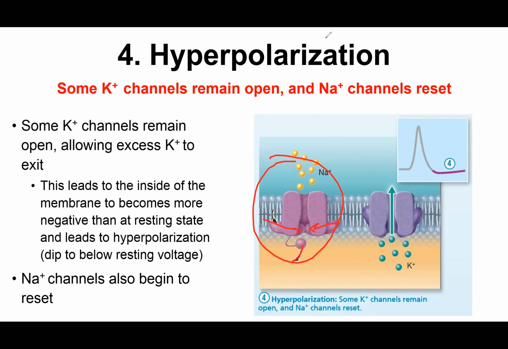And so now we're ready for the next action potential. But because some of these potassium channels are still open because they're slow, the inside of the membrane is going to become even more negative than what it is at resting state, and thus lead to what we call hyperpolarization, which is a dip below the resting state.